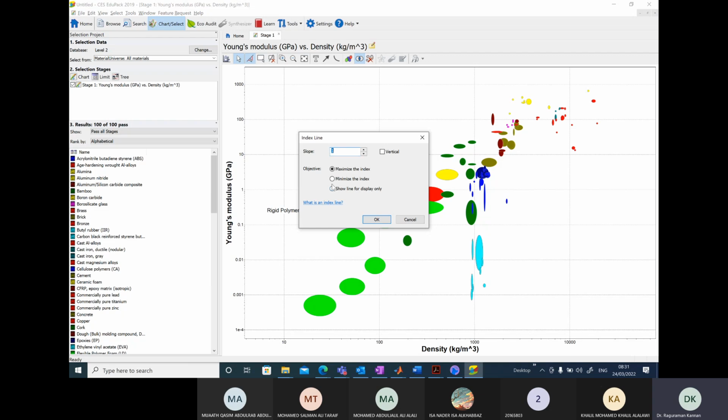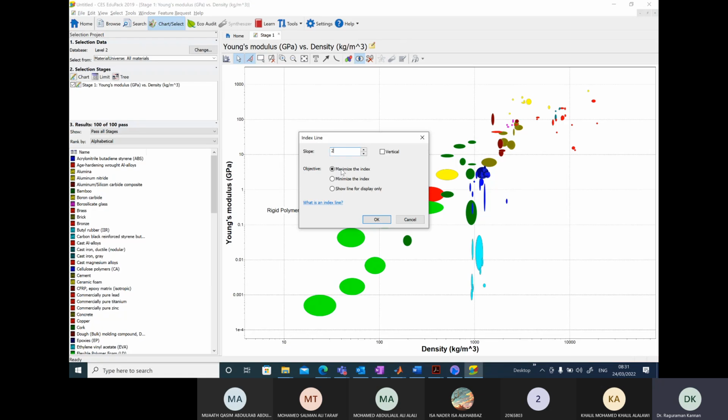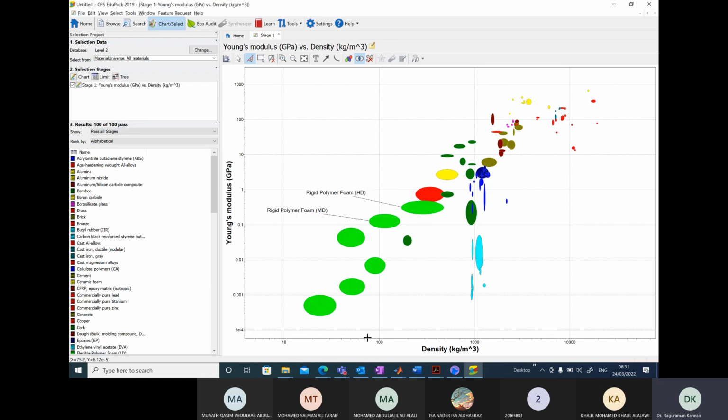What is the slope? We want 2. So according to this, we will have the slope 2. So log E is on the y-axis and log rho on the x-axis, and the slope is 2. Now draw it here. Let me pick the point here. Let's see here, it comes out right.